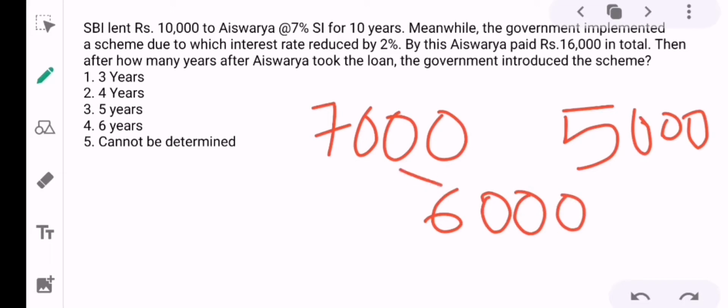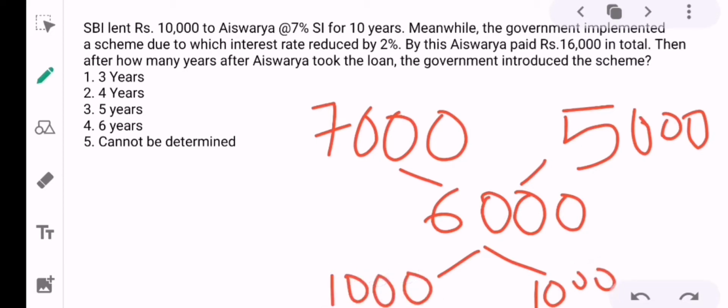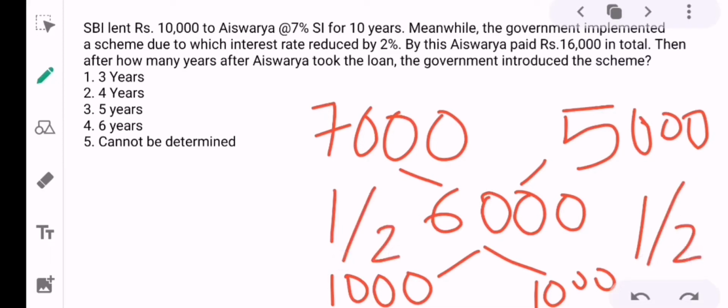So let us allocate these values. 7,000 minus 6,000 will give you 1,000, and 6,000 minus 5,000 will also give you 1,000. So the ratio is 1:1. So that simply means for half the time Aishwarya paid at 7% interest, and for the remaining half she paid only 5% as interest.